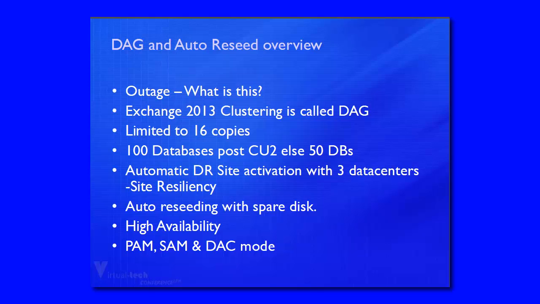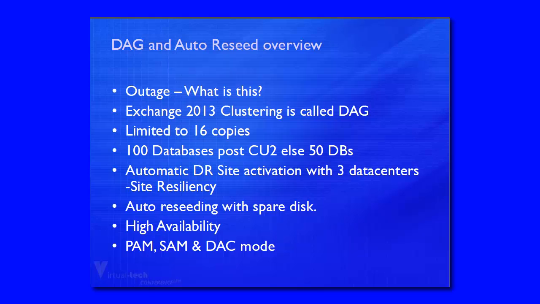It's going to fail your cluster, your DAG, and your mail will be stopped. You will have to have manual intervention to move your services to the disaster recovery site or a secondary data center. That was not pure site resiliency. I would say now we have pure site resiliency.